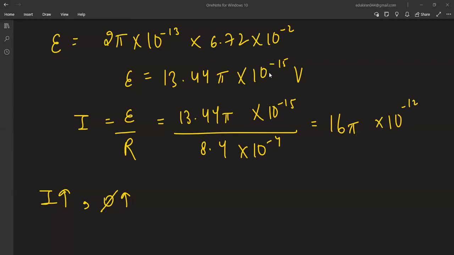I think it should be minus 12. This will become positive. Please check this power. Fadil, you also please check. Minus 12, no? Just check, let me know whether it's minus 12 or minus 2.